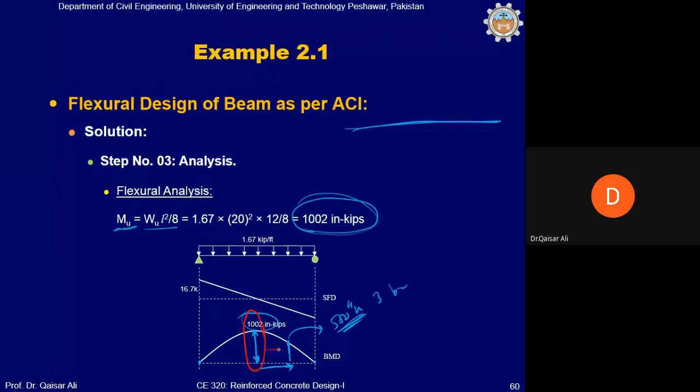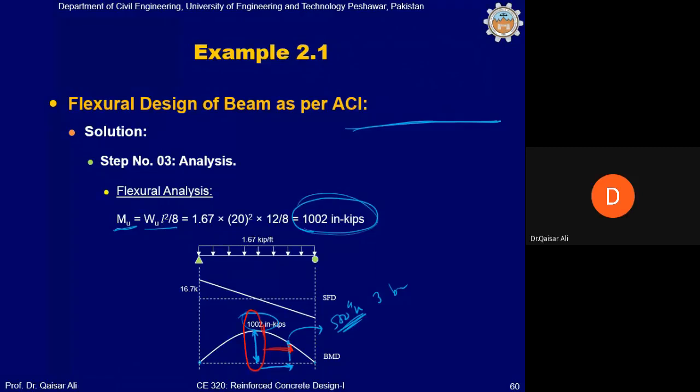If you move away from the center toward the ends, you will need less reinforcement, because as you move toward the support, the moment demand decreases. Is that understood? Yes.